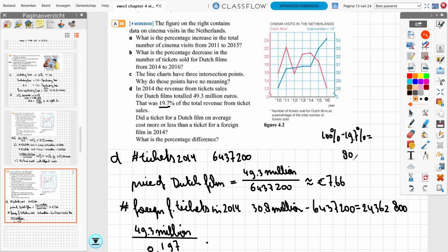That's 80.3%. So instead of multiplying it with 100% and then subtracting one from the other, you can just do it times 0.803. Again, the other way would work as well. Do it times 100%, and you get there as well. Okay. If you do it like this, you will find that this is approximately a big number, something like this, euros.